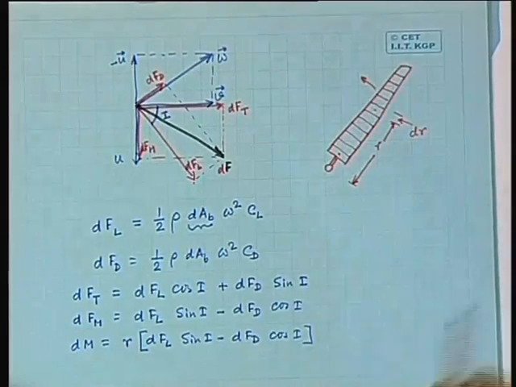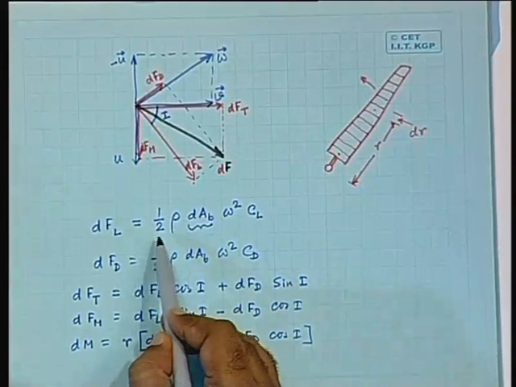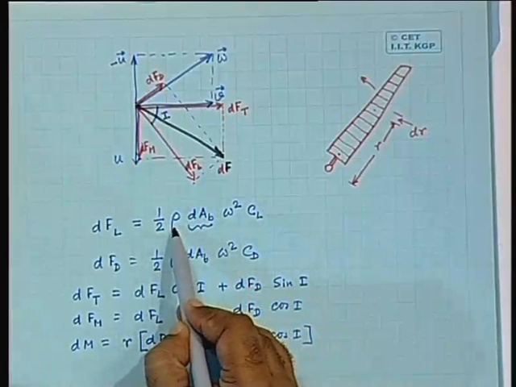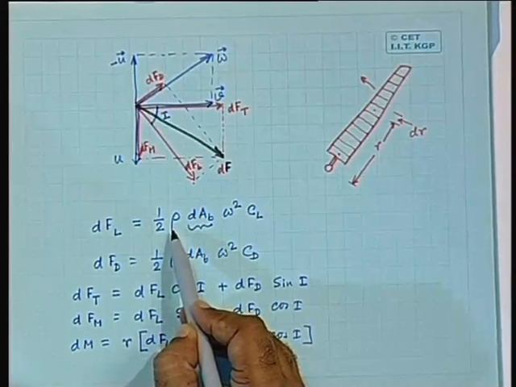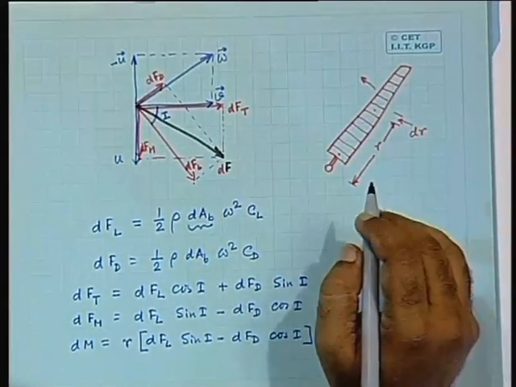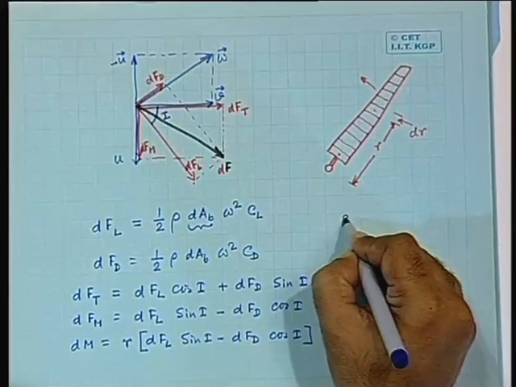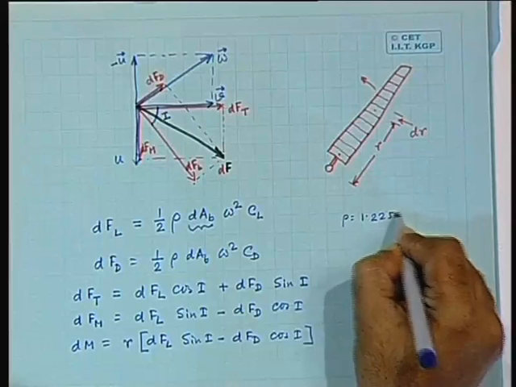Clear? Because for dFL and dFD, if we know all these terms: rho is the density of air. It varies, because the air pressure varies, but often we take rho as 1.225 or something like that.